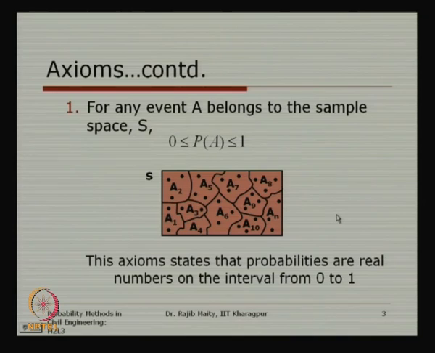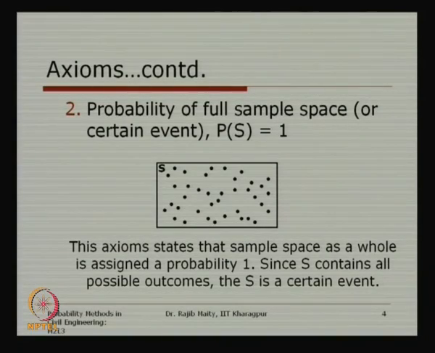Obviously, one point should automatically be known: if the event is a null set, then the probability of that event equals 0. On the other hand, if the event consists of the full set, which is nothing but axiom 2, here we go for axiom 2: the probability of the full sample space, or the certain event, which is denoted as S, the sample space, the probability of S equals 1.